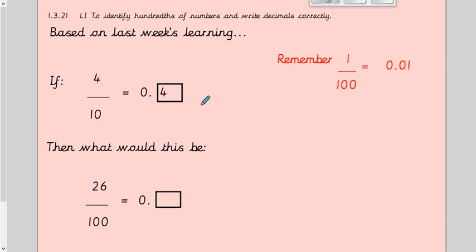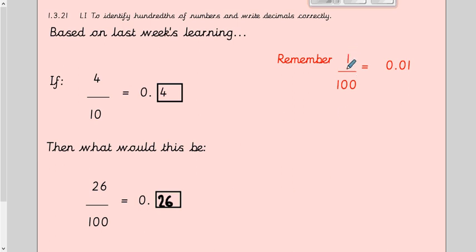Based on last week's learning, we looked at questions like this where we had 4 tenths, that equals 0.4. So based on this learning, what would this be as a decimal? If we have 26 hundredths, that would be 0.what? If 4 tenths is 0.4, 26 hundredths would be 0.26.